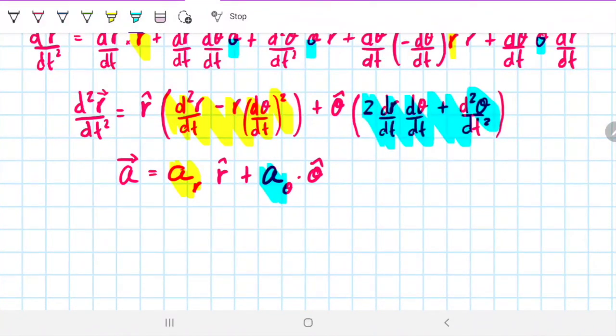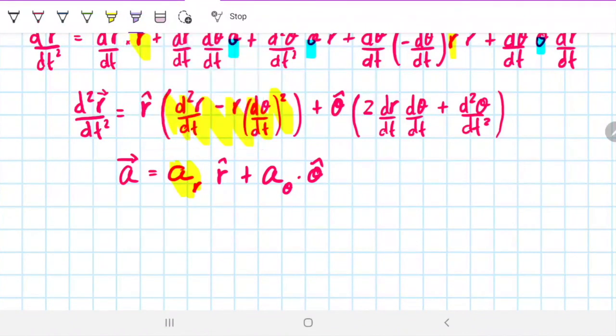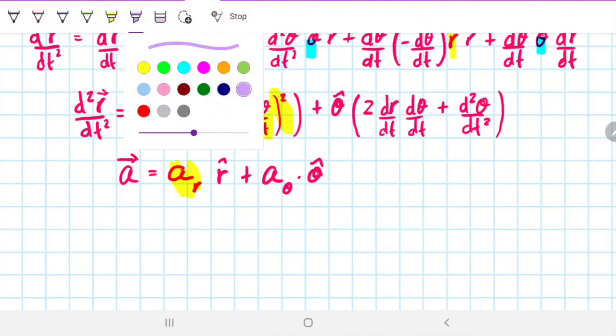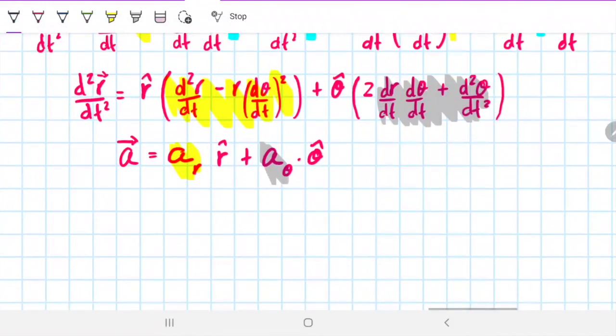I'm going to leave that color because it just doesn't blend well. Let's see if I have another one here. This one maybe? Nope. I guess it's as good as it gets. And then again, this is going to be my radial, and this is my transverse.